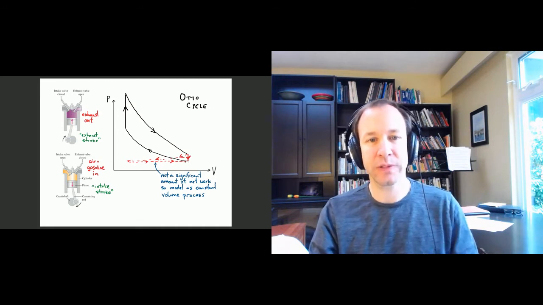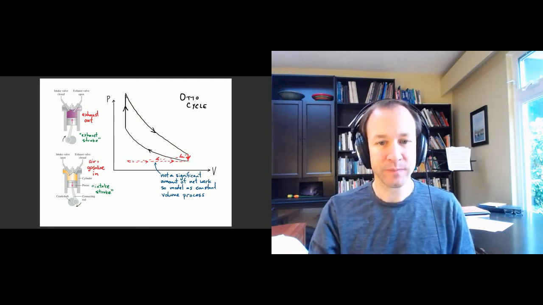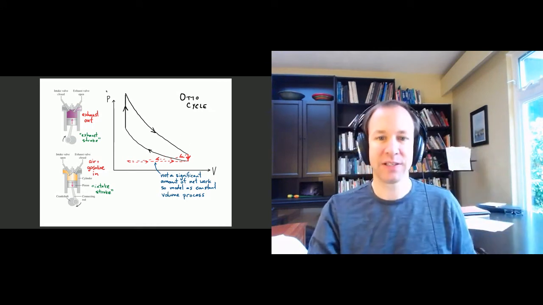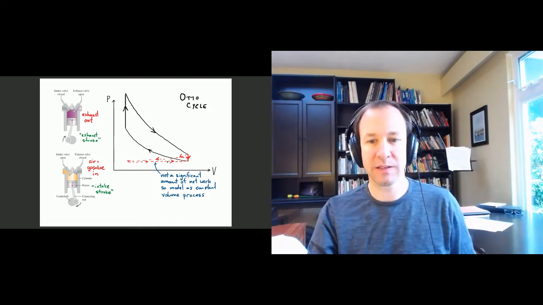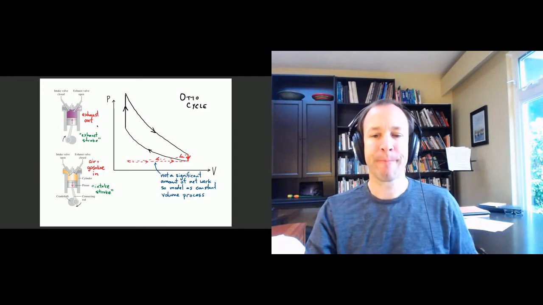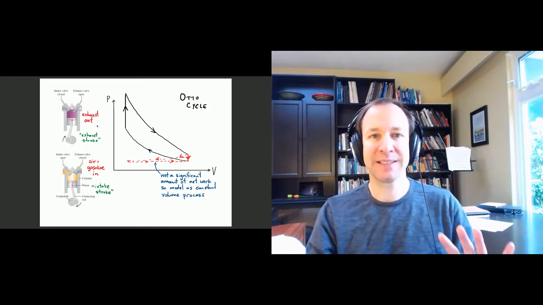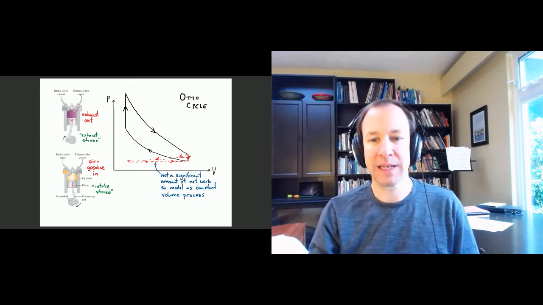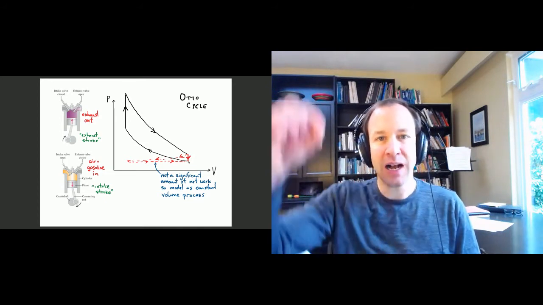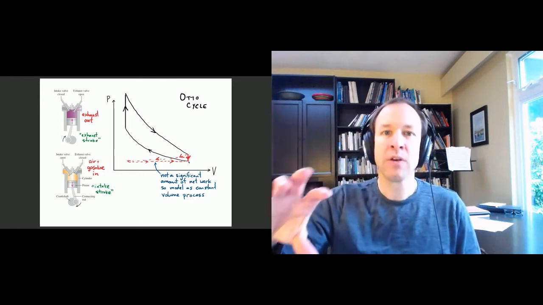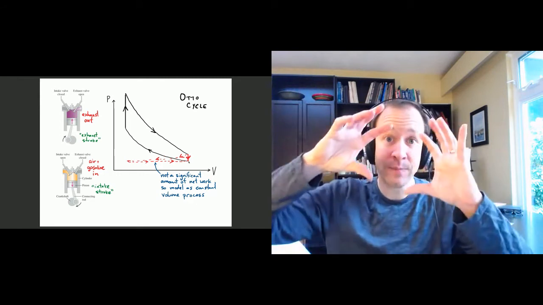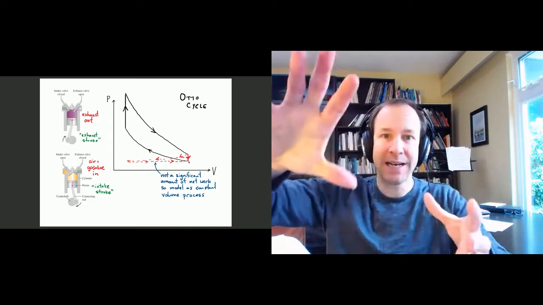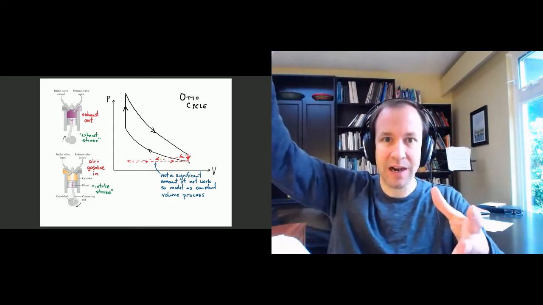So the actual engine cycle, we call it a 4-stroke engine. So bigger, smaller, bigger, smaller. But in our analysis of this internal combustion engine cycle, what we do is approximate that last step as just a constant volume cooling, where we're replacing the burned fuel and air, which is going to be hotter.